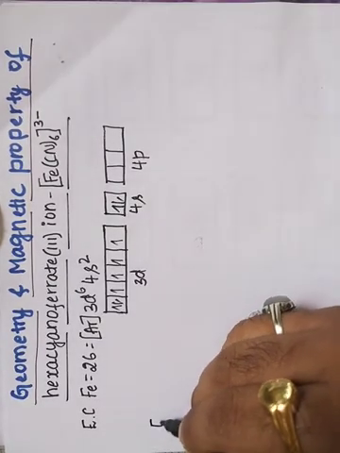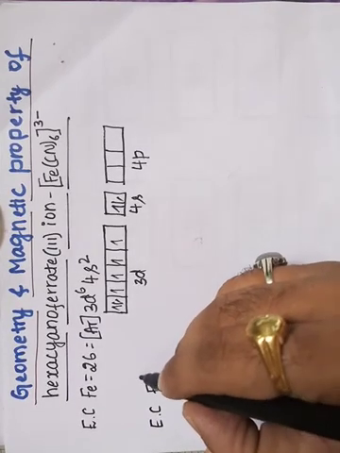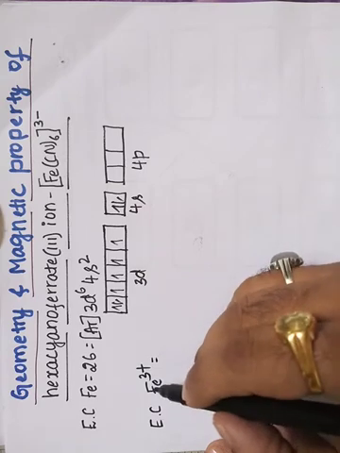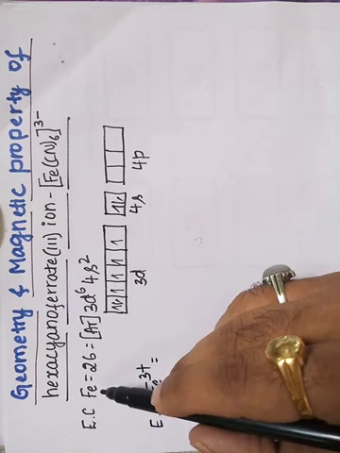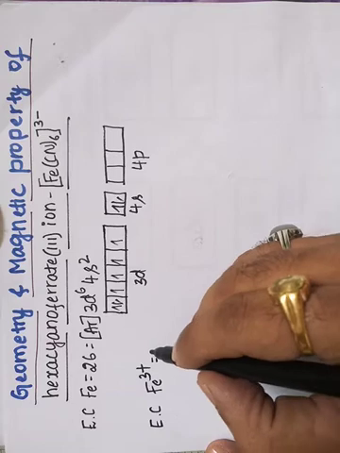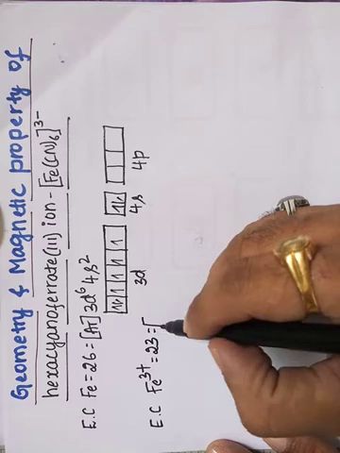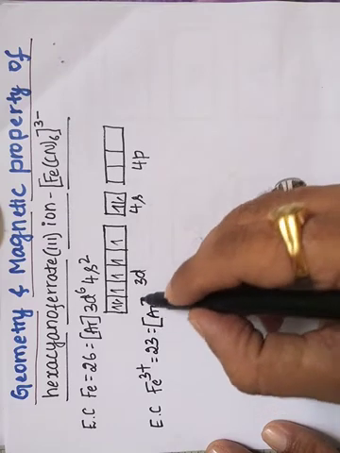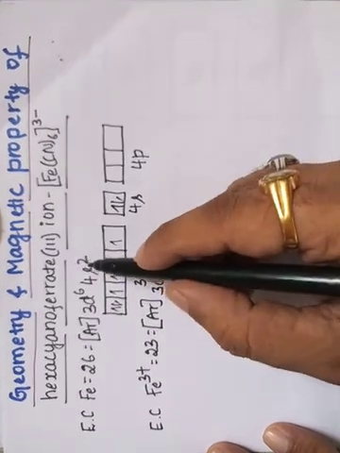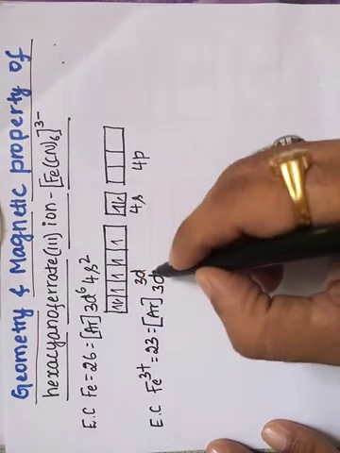Therefore the electronic configuration of the Fe3+ ion: it is formed when iron loses 3 electrons, so the number of electrons becomes 23. 2 electrons are lost from the 4s orbital and 1 electron from the 3d orbital.